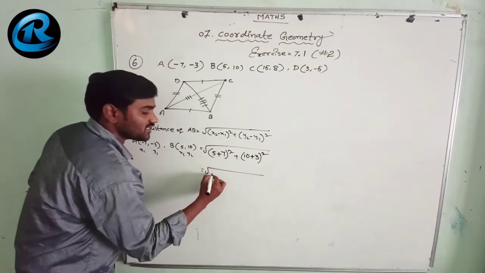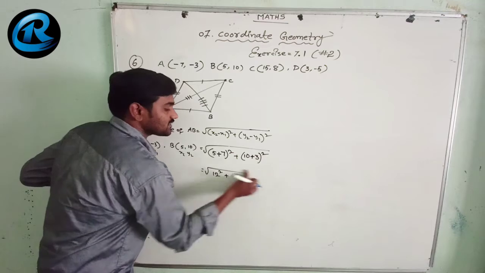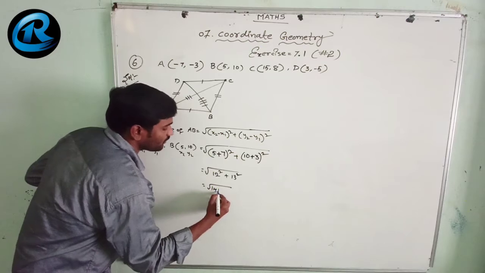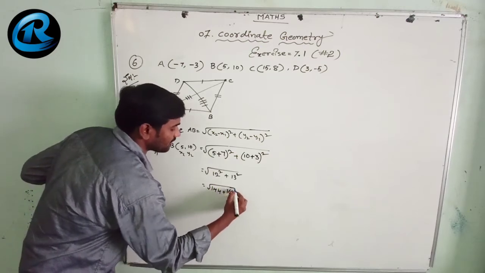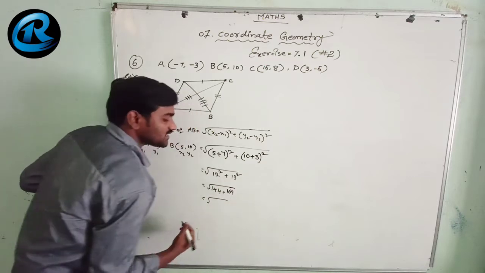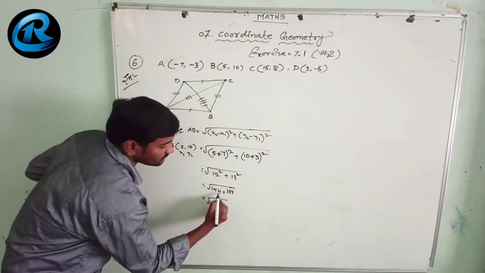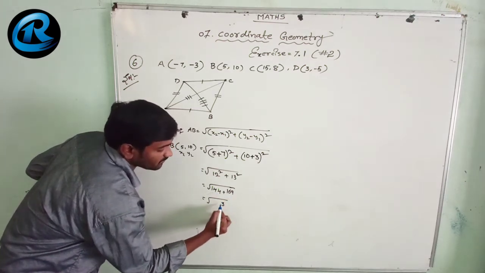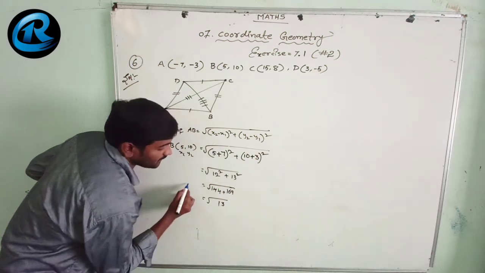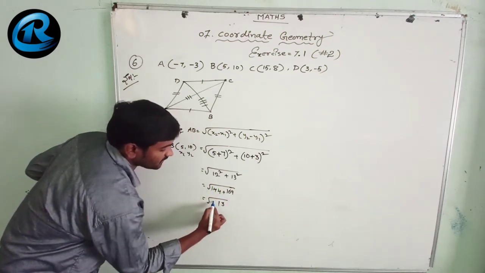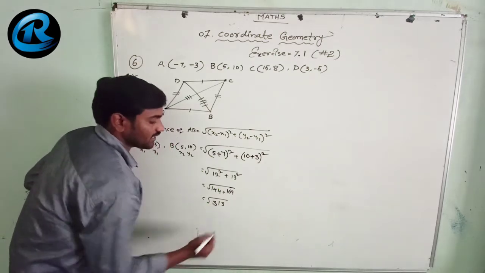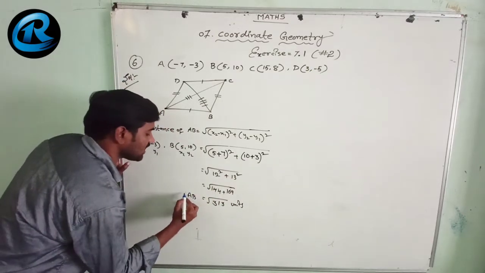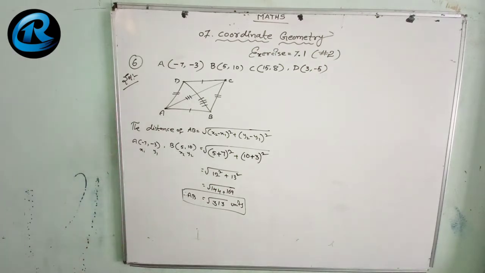Now 5 plus 7 is 12 whole square plus 10 plus 3 is 13 whole square. 12 square is 144 plus 13 square is 169. 144 plus 169 is 313. So AB is the square root of 313 units. This is the distance of AB, children.